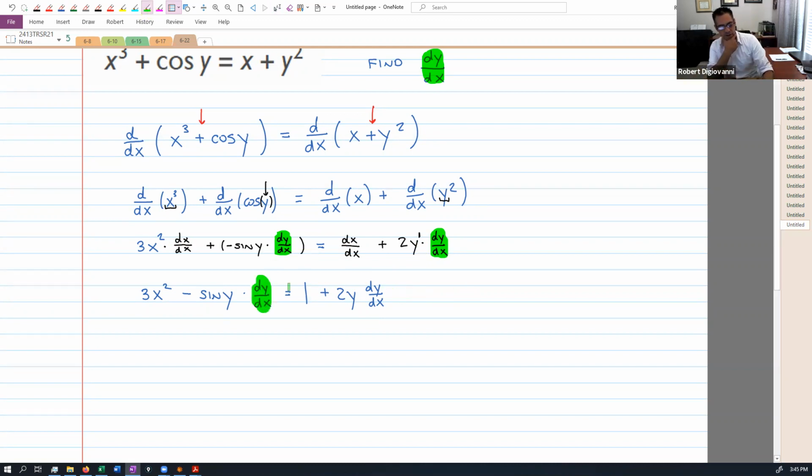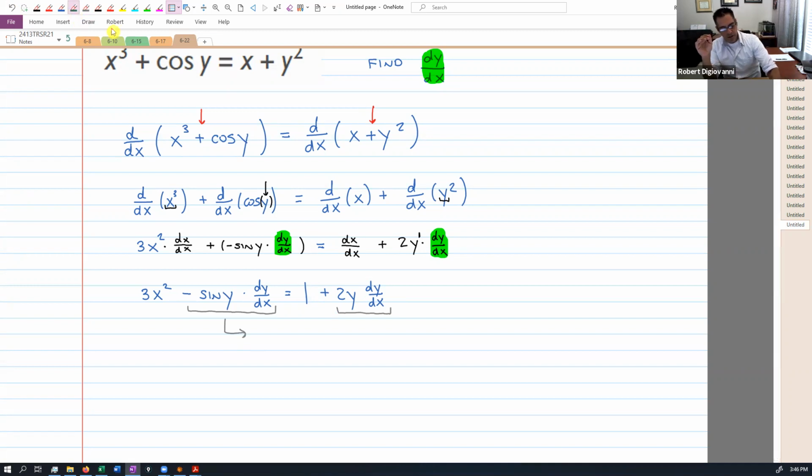And we're trying to get the dy dx by itself. So here's the standard procedure once you get to this point. Any terms that have dy dx, move them to one side of the equation. Anything that does not have dy dx to the other. This whole term has dy dx in it. That whole term has dy dx in it. You can choose which side to move things to. I'm going to move this one to the right.